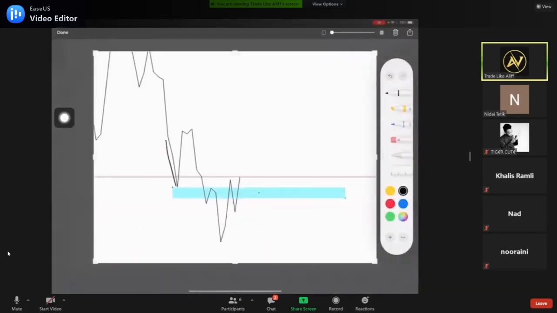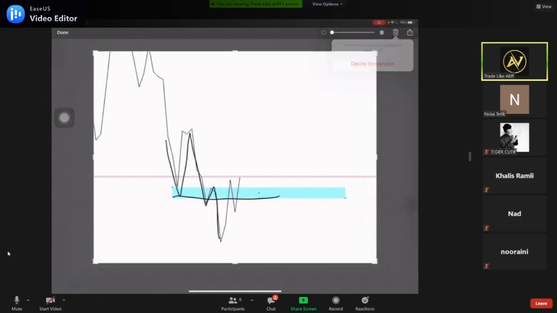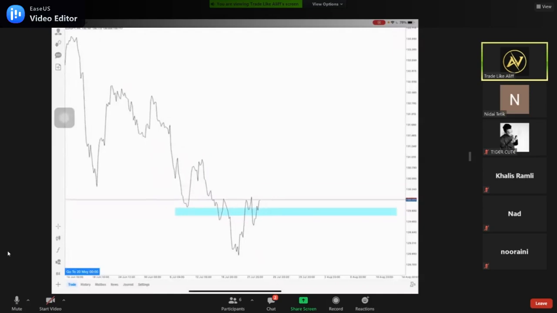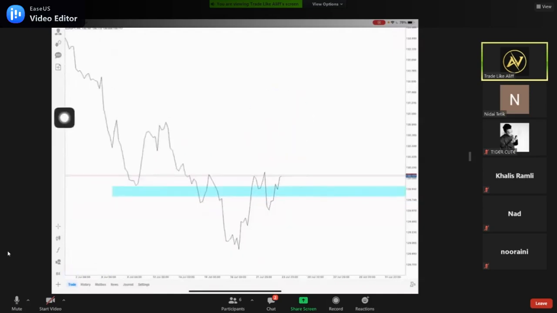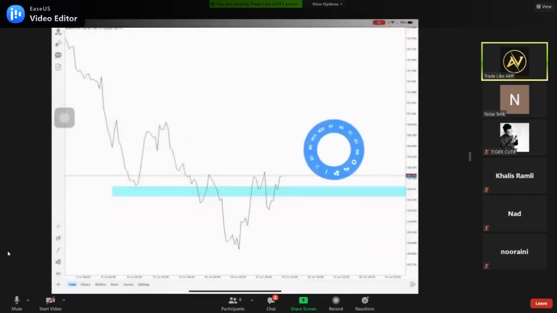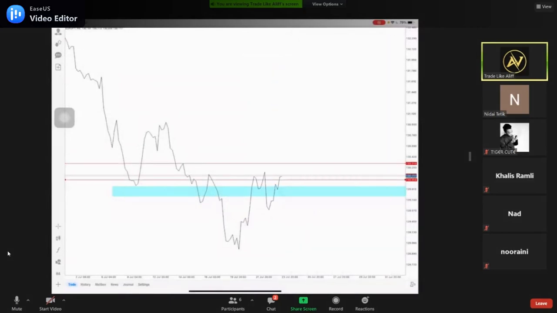So we will go to H4 and mark our big movement. Here, obviously, we have one big movement here, and then one big movement here. So we'll mark our big movements.